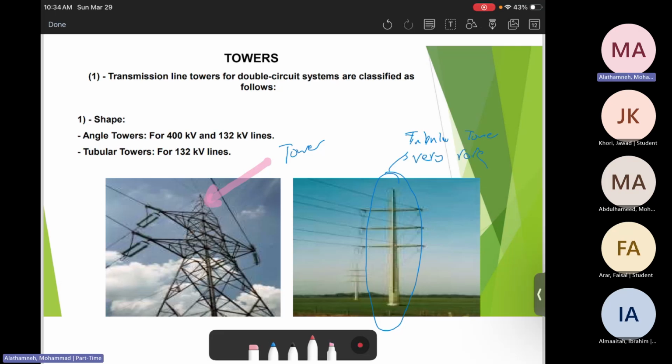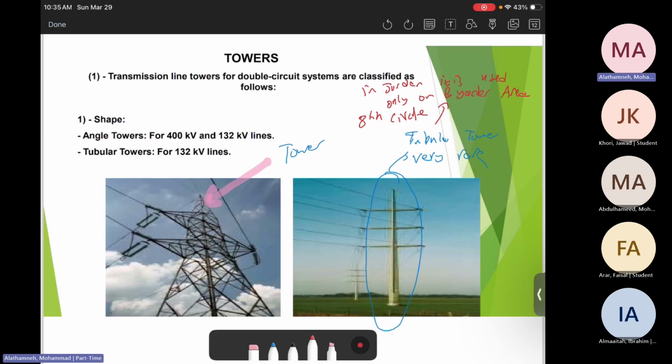In Jordan, it is used only in the Bayadir area, which is close to the Eighth Circle. That's the only place where we are using these tubular towers.